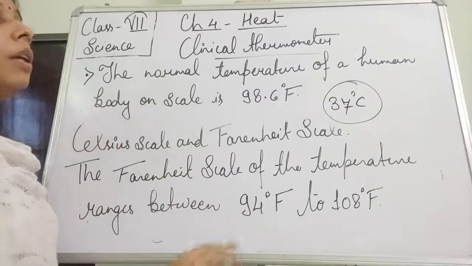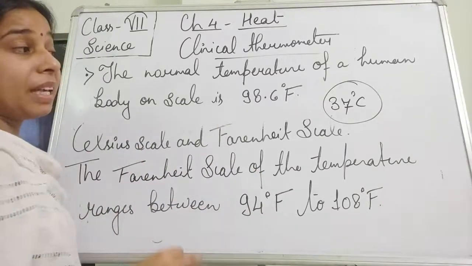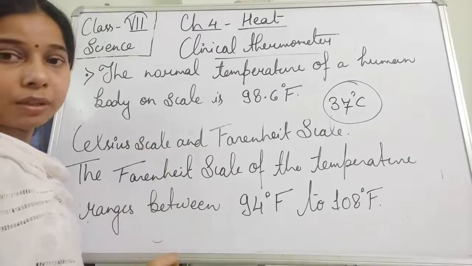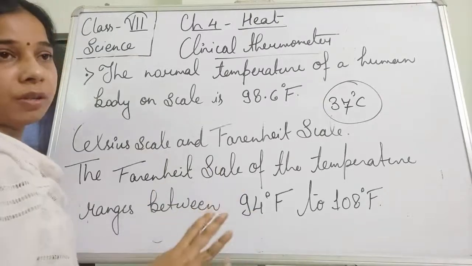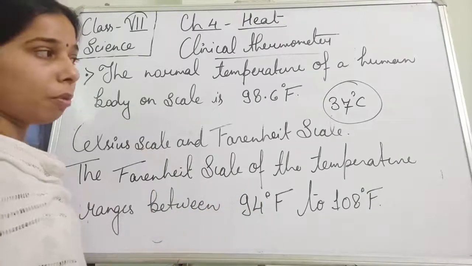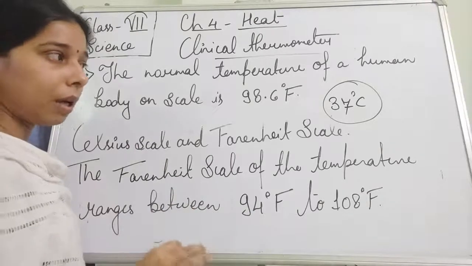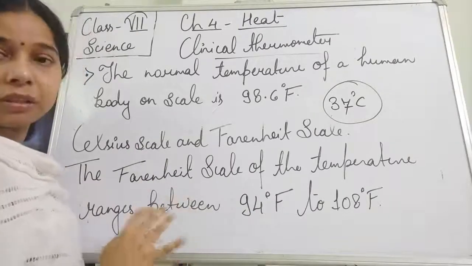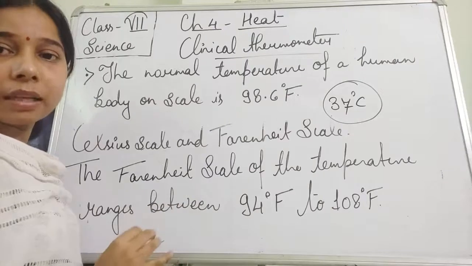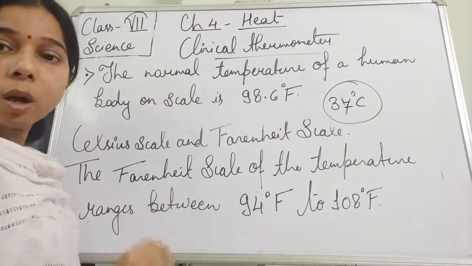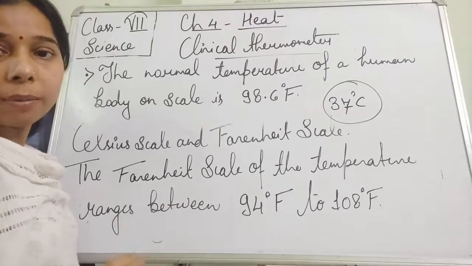It is the average temperature of a human body, and if it is near 37 degrees Celsius, then we can say the person's temperature is normal.